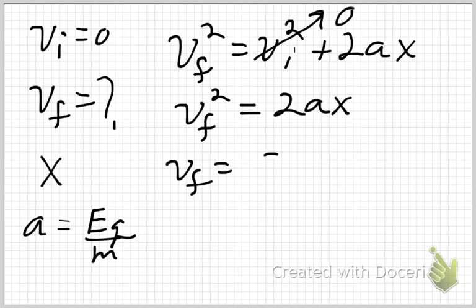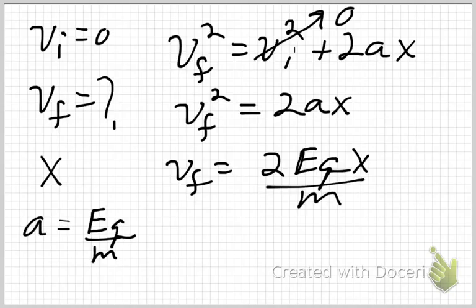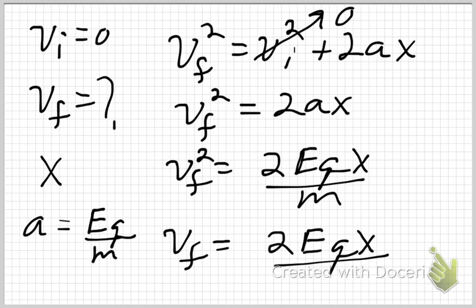Velocity final is the square root of 2 times the electric field, the charge, the distance you've traveled, all divided by the mass of the particle, and I just take the square root of that and I've got my final speed. Make sure everybody's inside the radical. There you go. I did my substitutions, and now I can just do one calculation at the end.